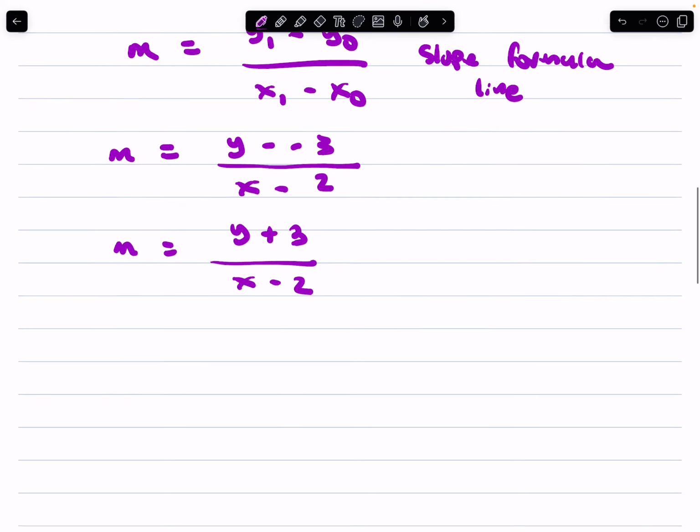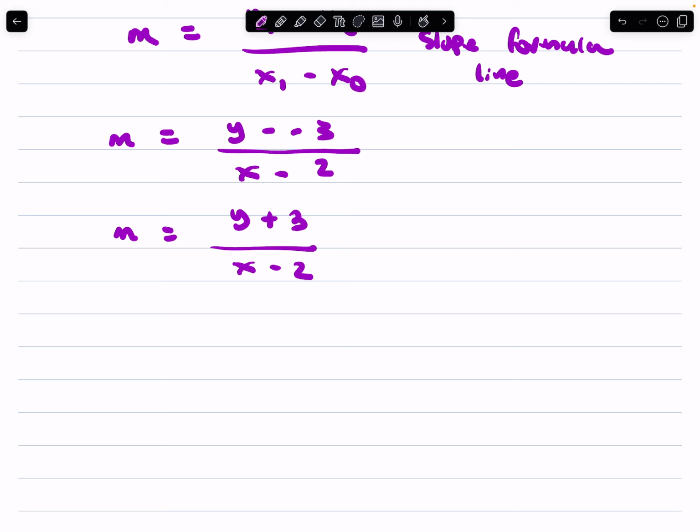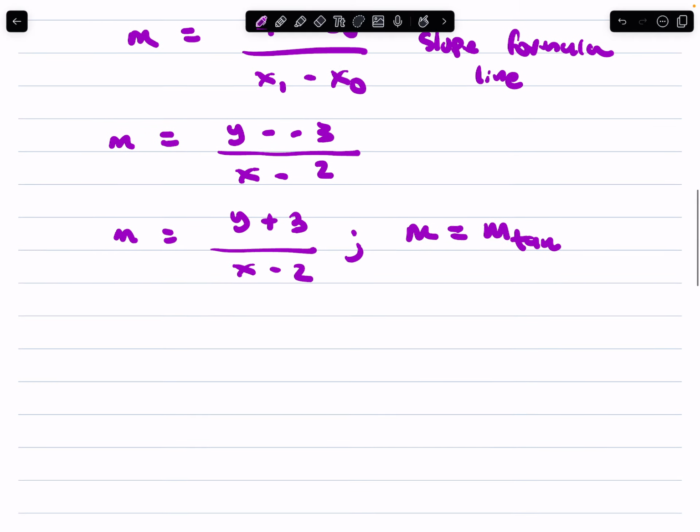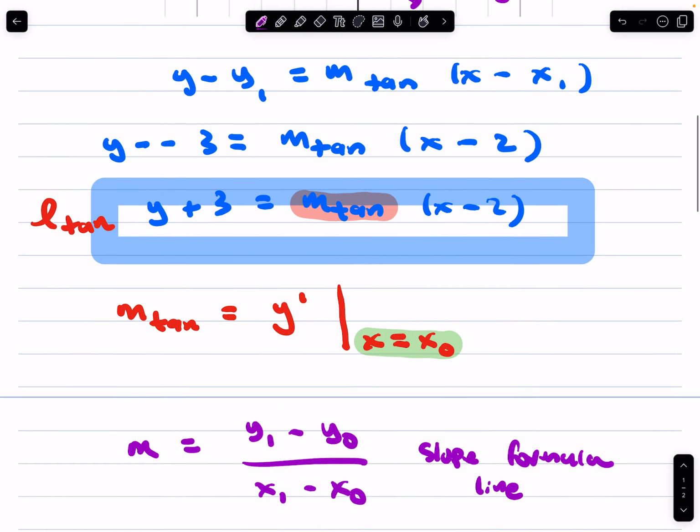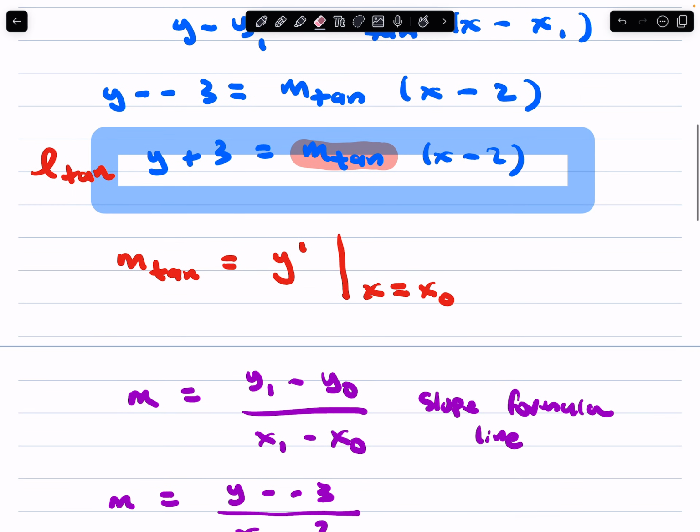But if you said, I want that to be m tangent. We want that m to be m tangent. Well, okay, that's going to happen for a particular point on this curve. M tangent is found, and we're going to use this. I guess we can keep it that way, x naught, okay?